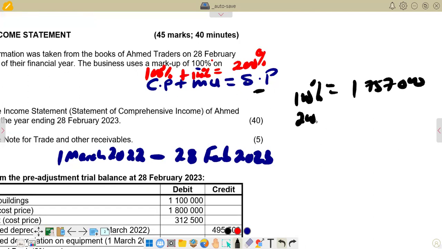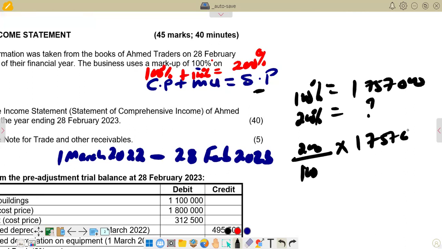So 200% is the one that we want to look for. If you present it in this form, it becomes simple. We can just use proportion, whereby what you don't have, which is 200%, is the numerator, and what you have, 100%, is the denominator, times the given figure, which is 1,757,000.